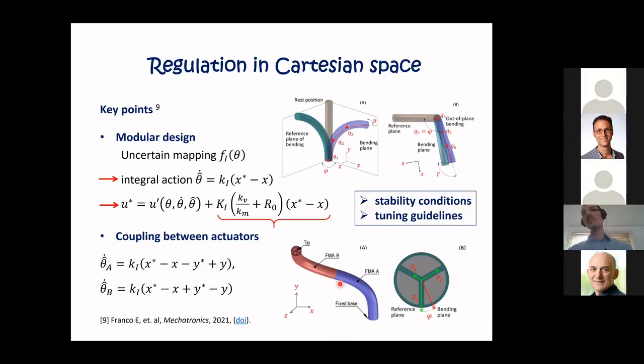Another thought, which is I think more obvious, is that when we deal with systems that combine different actuators connected in series, we find that, due to the inextensible nature of our prototypes, we have coupling in the mapping between joint space and Cartesian space, for example on a bending plane.